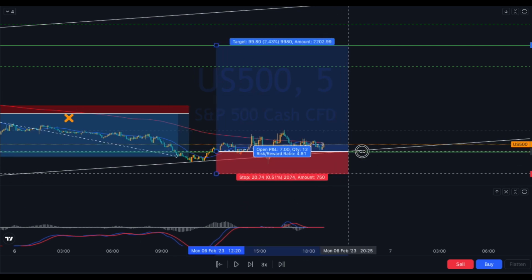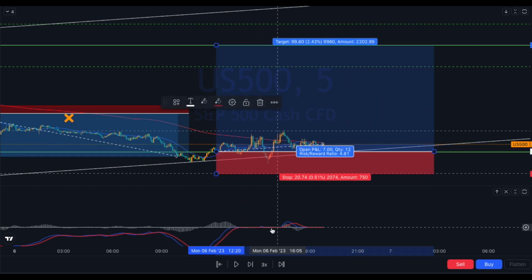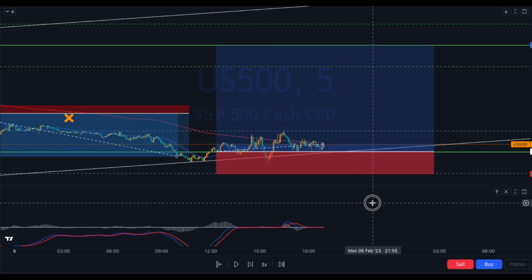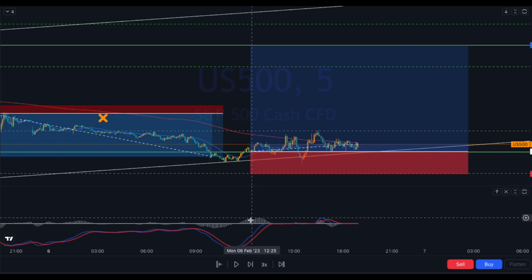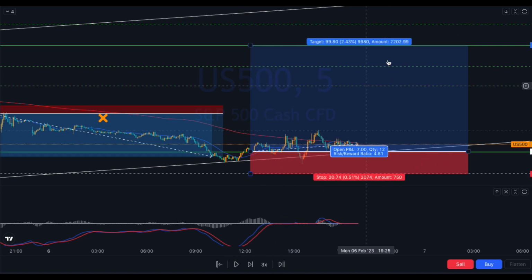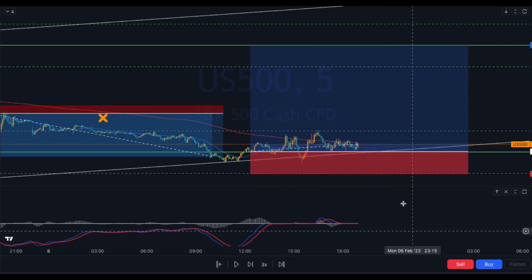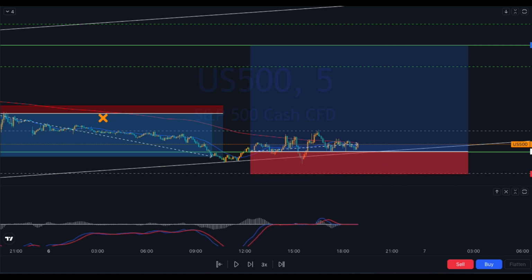Let's drag this along a little bit. As you can see, the MACD over here is flatlining, so at some point we're going to be getting a market breakout. The question is, what direction is it going to go in? Because we're already in a trade right now. I'm assuming it's going up this way, but it could definitely go down that way, right? So let's just find out what it does.